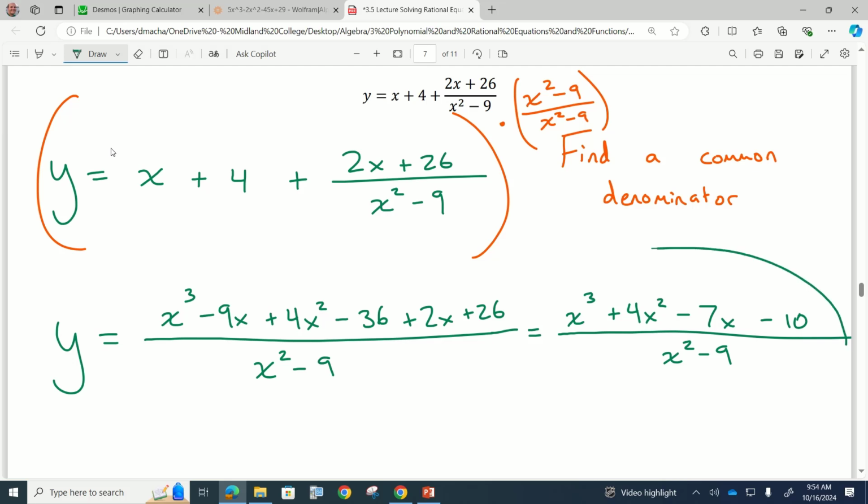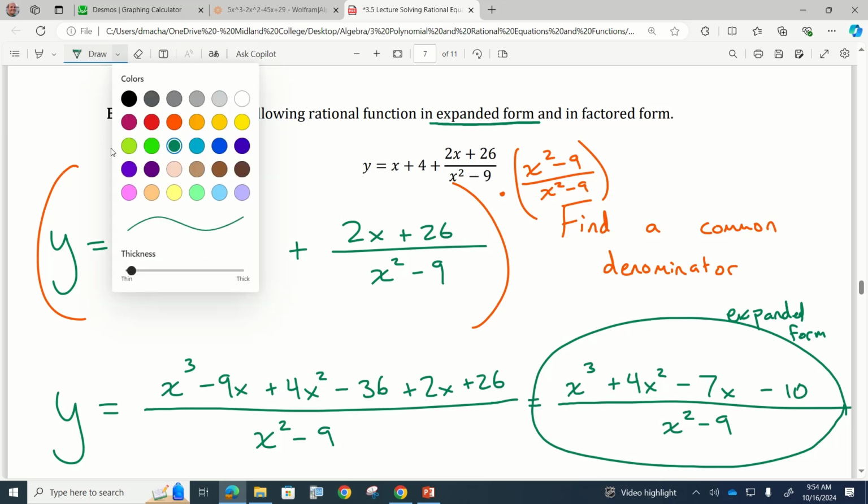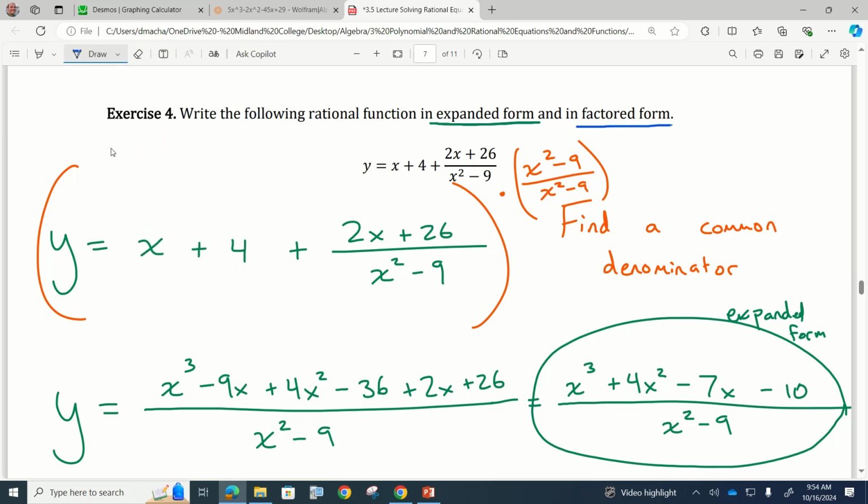This is in expanded form. Okay, the last step is I need to write this in factored form. To write it in factored form, we're going to start from what we already have for expanded form.